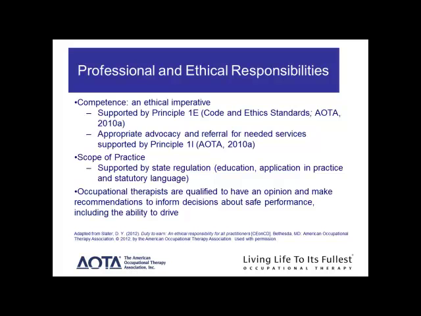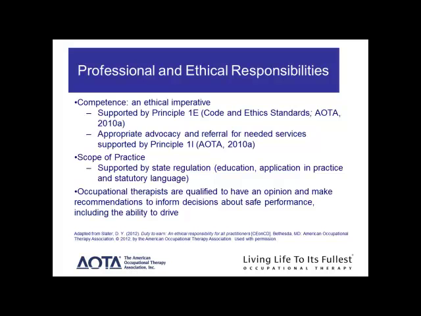Despite their qualifications, as noted on this slide, in practice, occupational therapists often seem reluctant to exercise their professional judgment and commit to a definitive recommendation, particularly related to driving, whether it is referral for more specific testing or actually to cease driving.